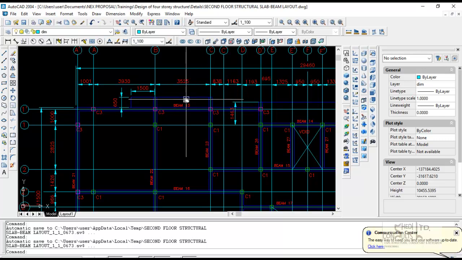So if the total load is Q and the length of this is L, the reaction here will be QL, and then the loading on this beam will be QL/2. It's important to note this, just for record purposes.